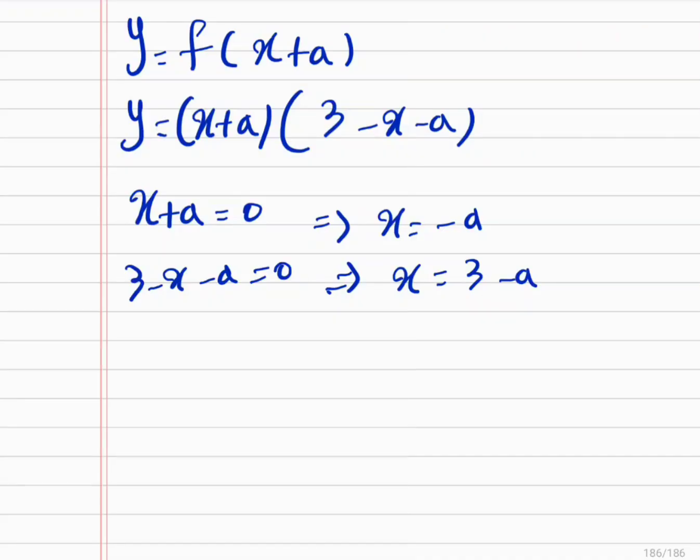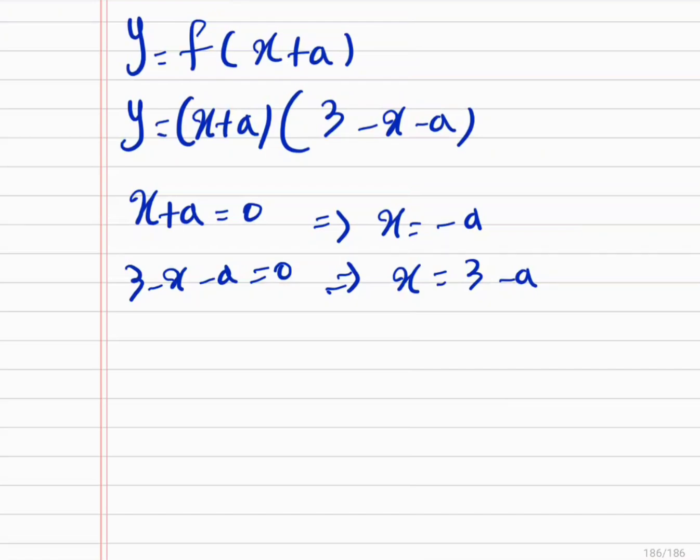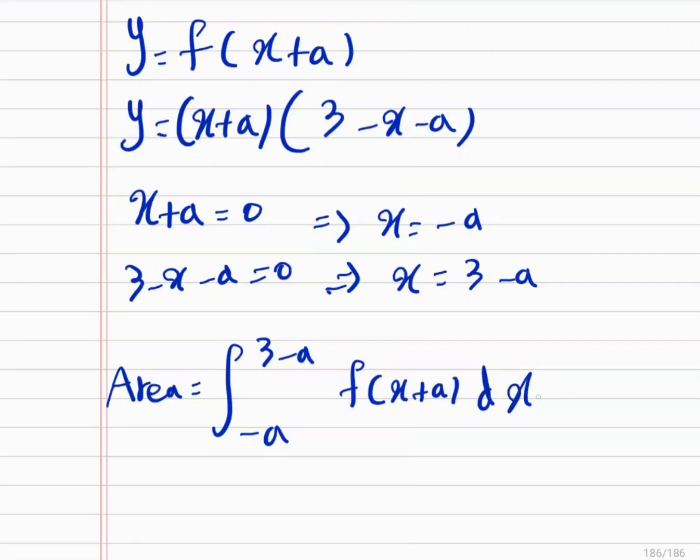And these two are the bounds, or the limits, of the integration, because the region is between minus a and 3 minus a. So the integral to find the area is from minus a to 3 minus a of f of x plus a dx.